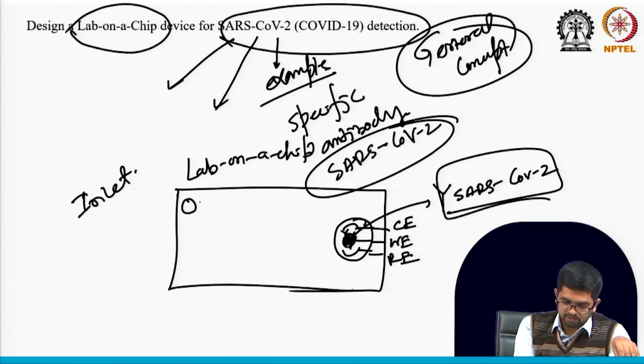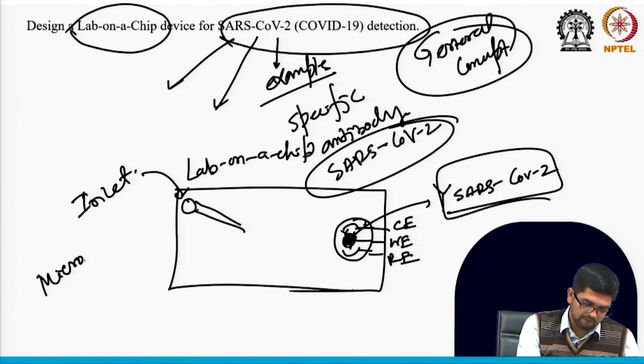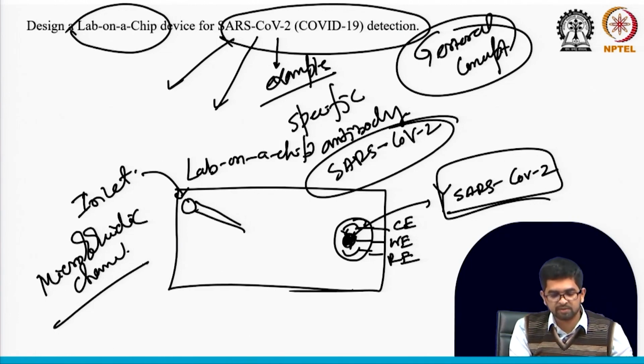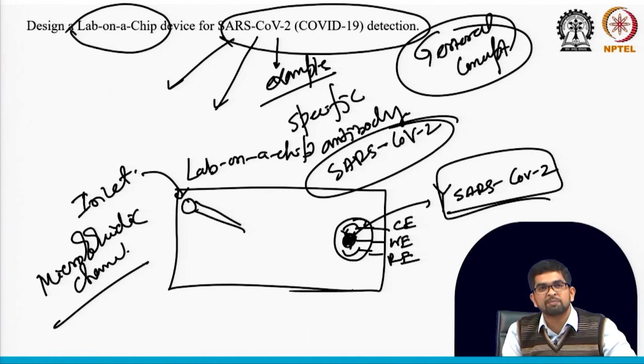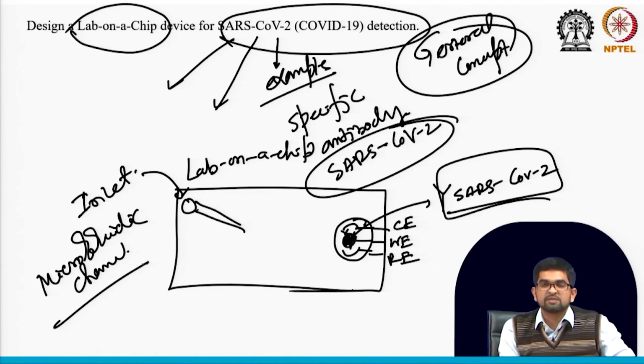Inlet means here I want to integrate a microfluidic channel. Why do I want to integrate a microfluidic channel? Because you can easily handle a very low volume of sample, there is no need for any sample pre-processing, and you can work easily with this microfluidics.